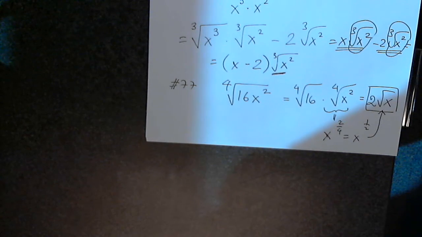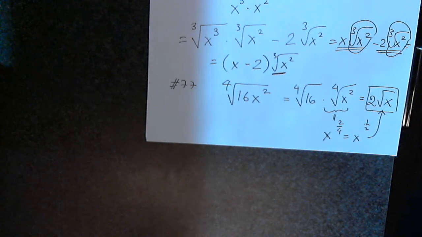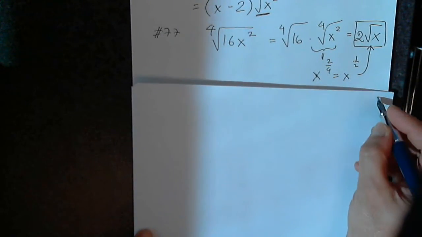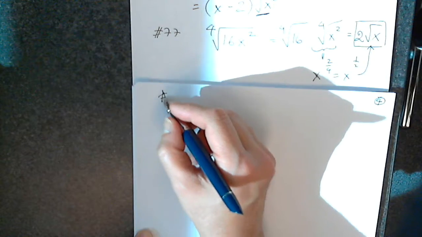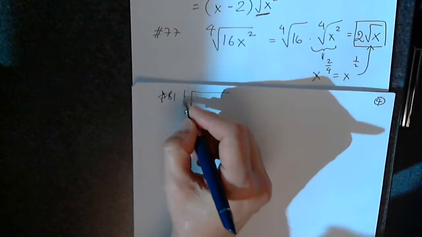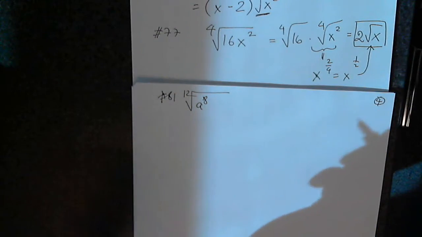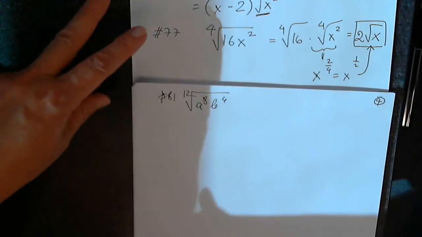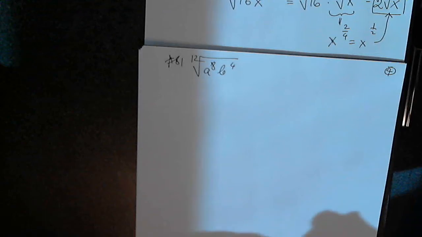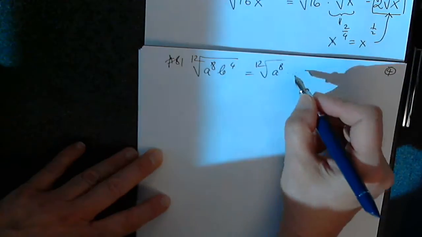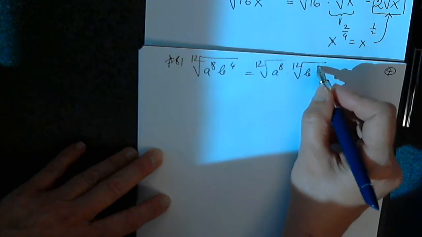What about 81? So in 81 we have the 12th root of a to the 8th, b to the 4th. Yes, I recommend first split it, please. So the 12th root of a to the 8th times the 12th root of b to the 4th.